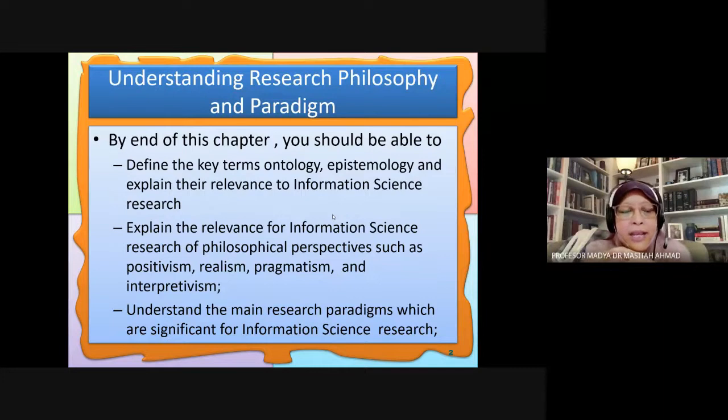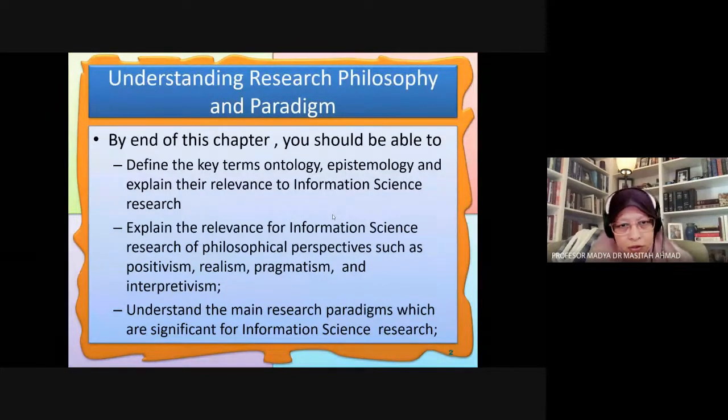These two terms, ontology and epistemology, are very important because they will guide us to which part our research philosophy should be. So these key terms, we will learn today. We also hope that after we finish this chapter, you can explain the relevance for information science research of philosophical perspectives such as positivism, realism, pragmatism, and interpretivism. These are very important when we talk about research philosophy.